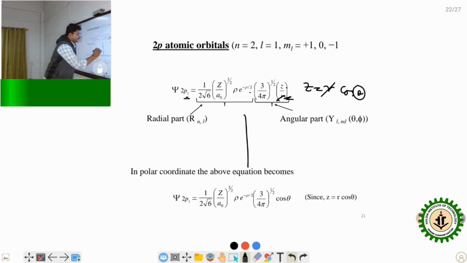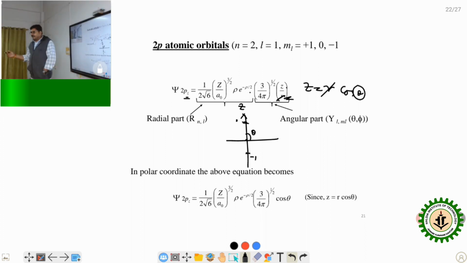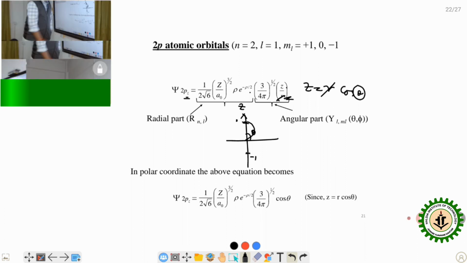Simply I can take, this is my z direction and this is the variation of angle theta. If I put cos 0, that means it's a value of 1. Suppose here is 1, and cos 90 becomes 0, cos 180 becomes minus 1, and cos 360 again 1. So in between 0 and 90, if you vary the angles, you have a non-zero term, and if you add that, you can have this type of shape.